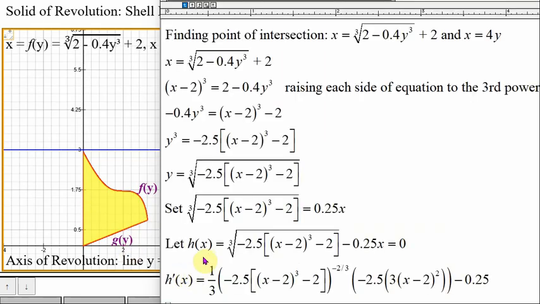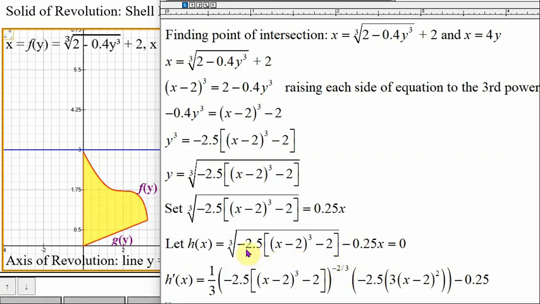And to use Newton's method, we're going to need the derivative of h of x. And so here we have 1/3. Notice that the third root here is the same as exponent of 1/3. So we get 1/3 times all of this right here. And then 1/3 minus 1 is negative 2/3.